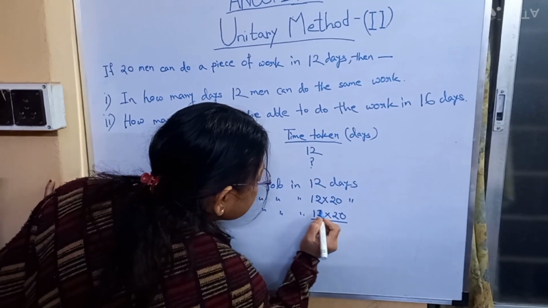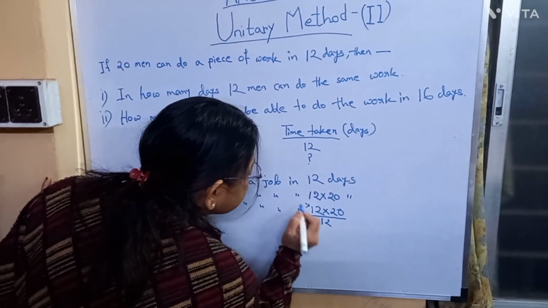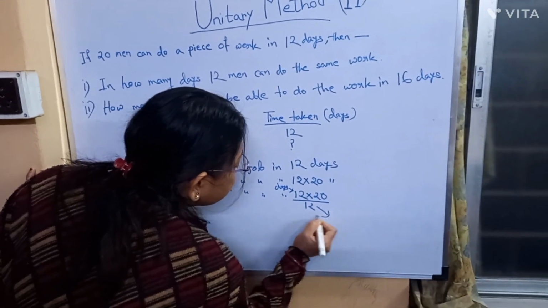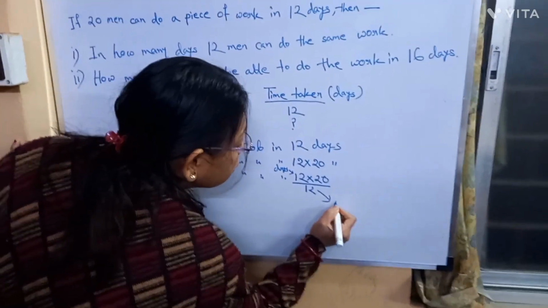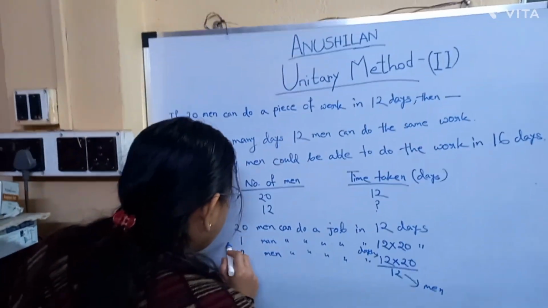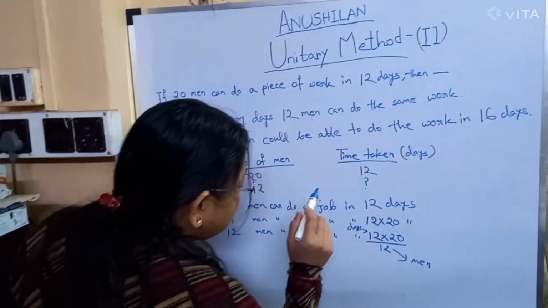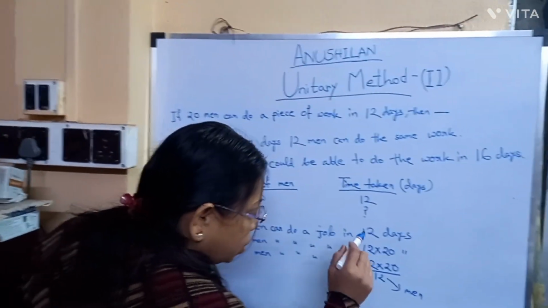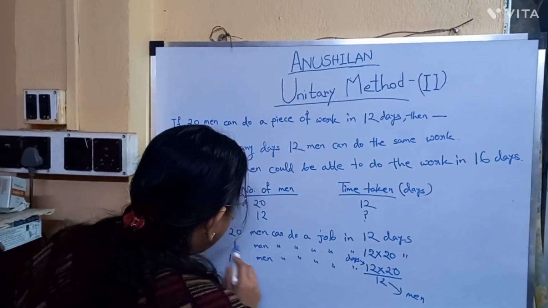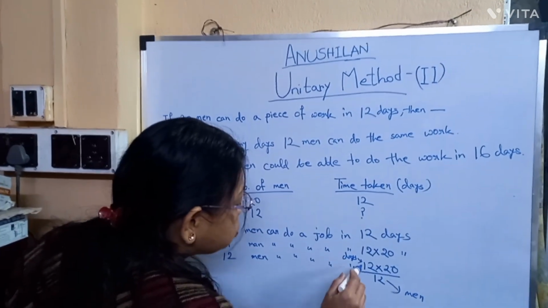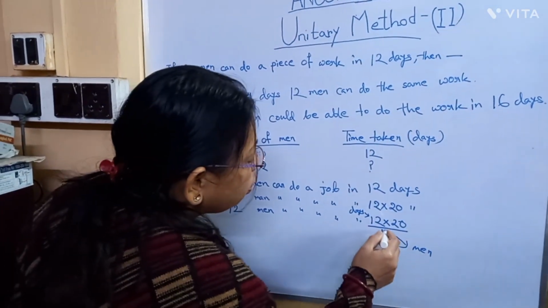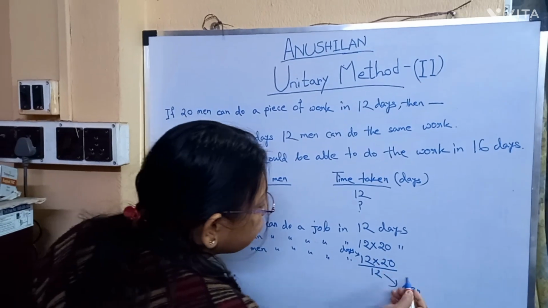Don't get confused. This 12 is for days and this 12 is for men. Just see again, if one man has to complete the work, he will take more days, so I multiply. If 12 men finish the work, they will take fewer days, so here division is done.